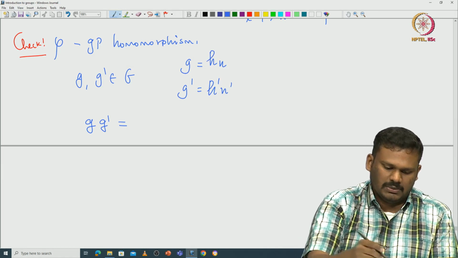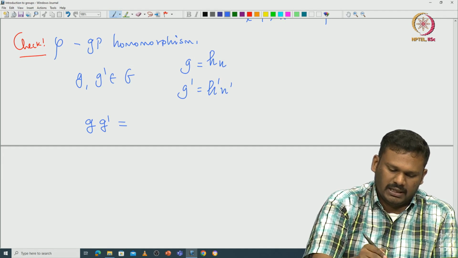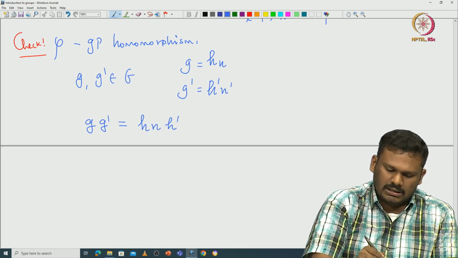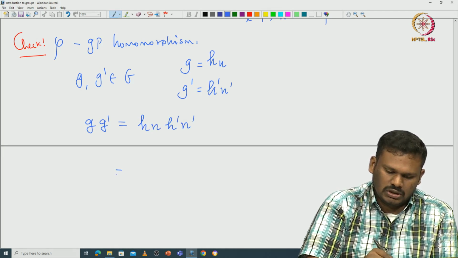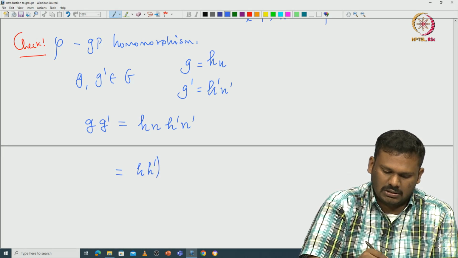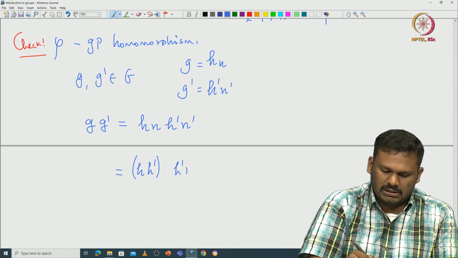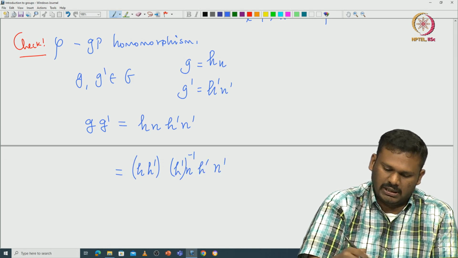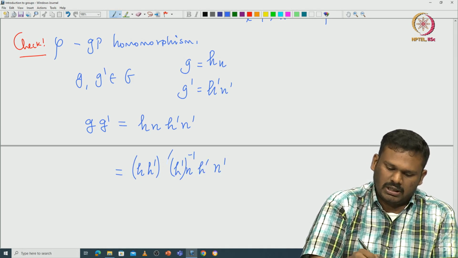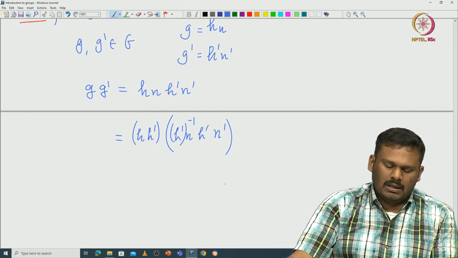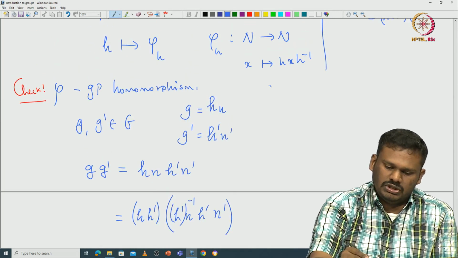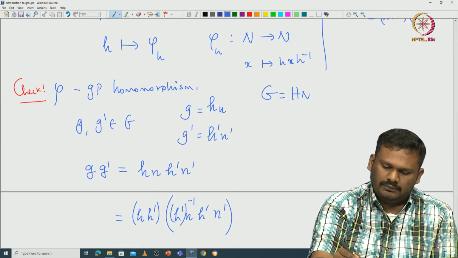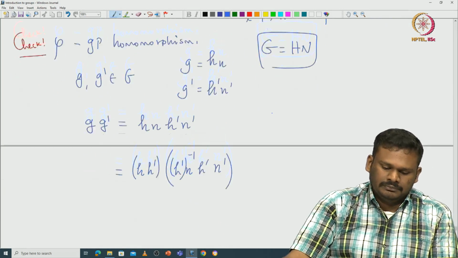Okay, so both are possible. Then G G dash is H n H dash N dash. So this is going to be H H dash, and then H dash inverse n H dash, then N dash. This is how I am grouping. All I am using is G equal to Hn.